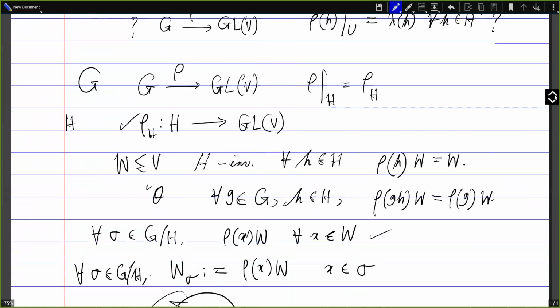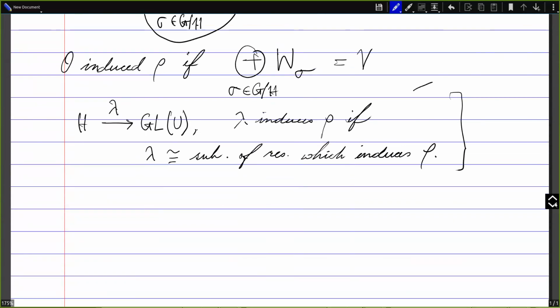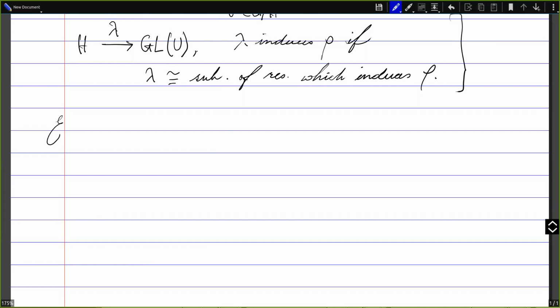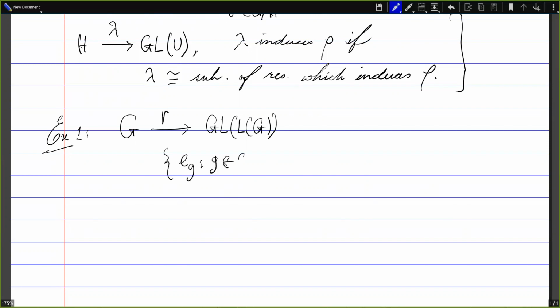So now we shall look for examples. The first example here is very simple, a usual one. We consider the left regular representation of the group, which we denote by R. The basis of LG is EG, right?